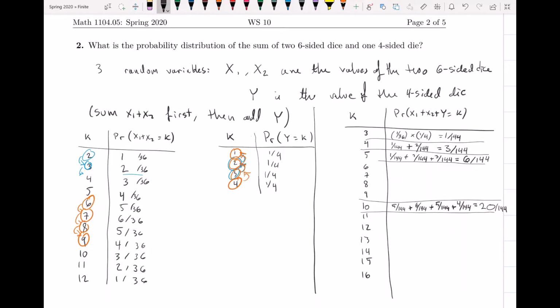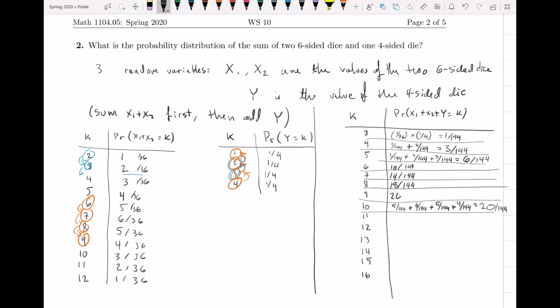Now we could do the same thing for the rest of the values, but I'm just going to tell you what 6, 7, 8, 9 are. For 6, we get 10 over 144. 7 is 14 over 144. 8 is 18 over 144.